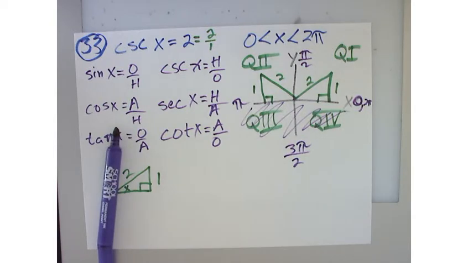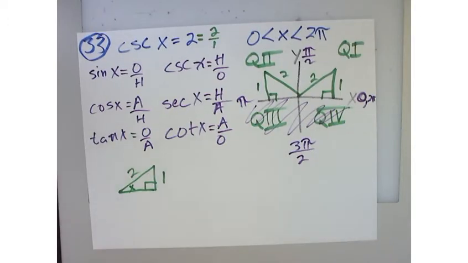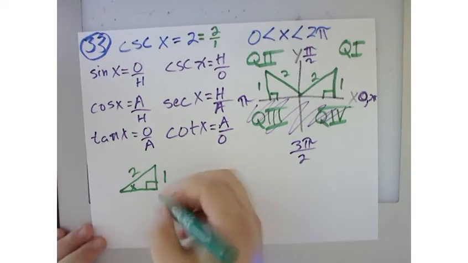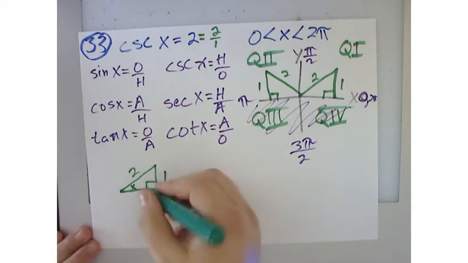All right. So now what we need to do is, how do I figure out what those angles are? Is it 45 in any triangle? Well, think of it like this. If you've memorized your triangles, what angle is this?